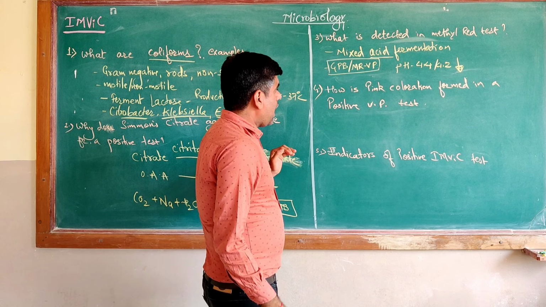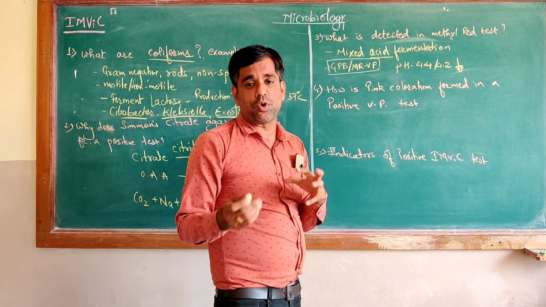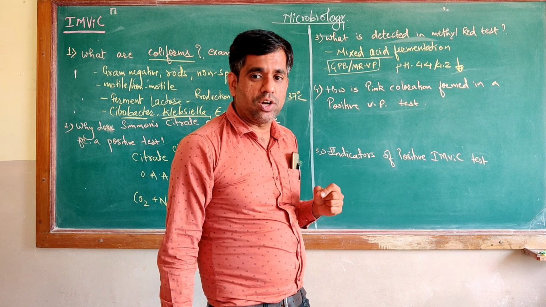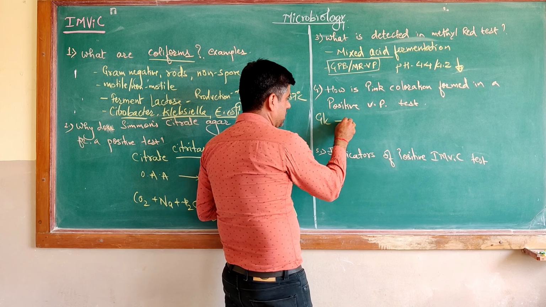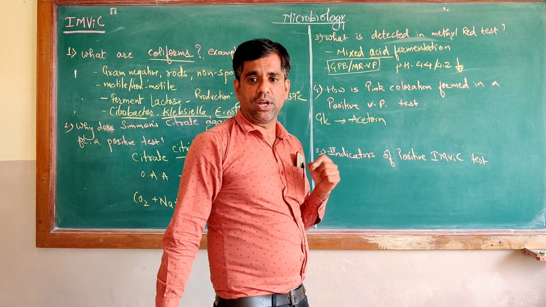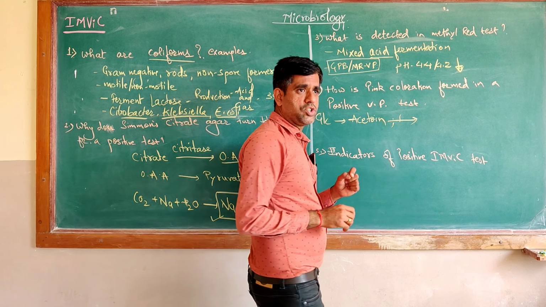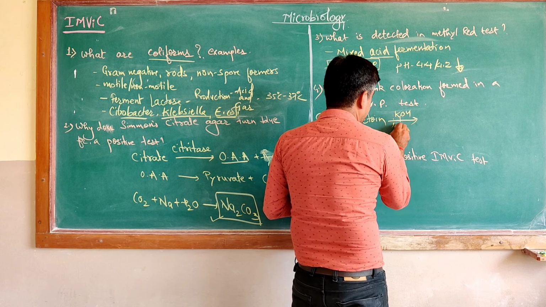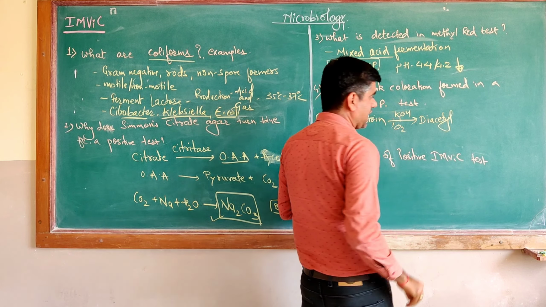How is the pink color formation seen in a positive Voges-Proskauer test, the VP test? In the Voges-Proskauer test, you are detecting the formation of acetoin. If the organism is positive, glucose will be converted to acetoin. This acetoin, in the presence of Barritt's reagents, which you add in the presence of KOH and oxygen, will be converted to diacetyl.